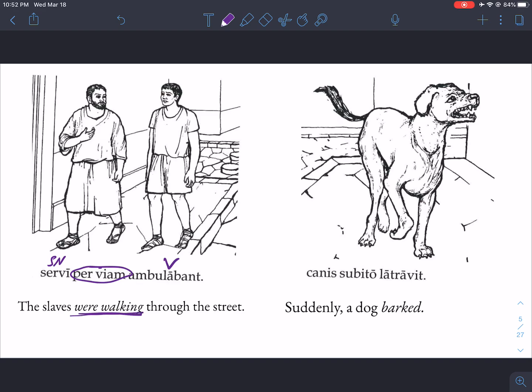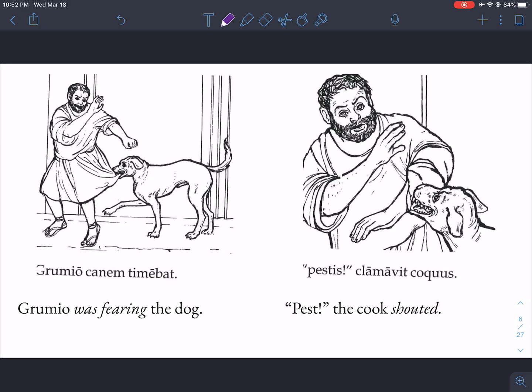Again, were walking. All right, and suddenly, a dog barked. Okay, pay attention to the translations, guys. All right, sentences 3 and 4. Grumio was fearing the dog. Okay, was fearing here.